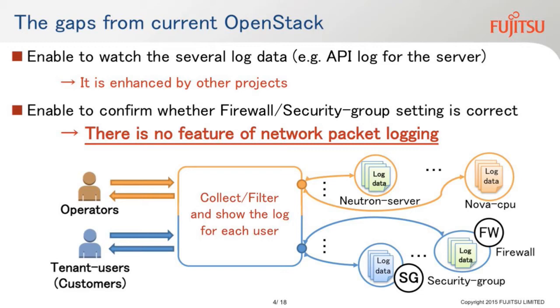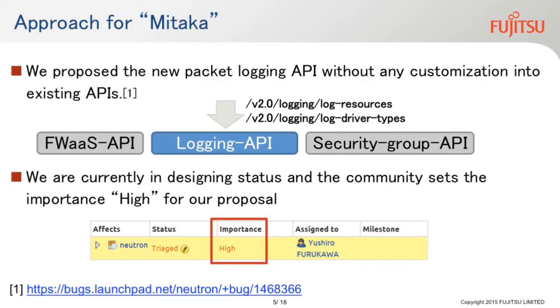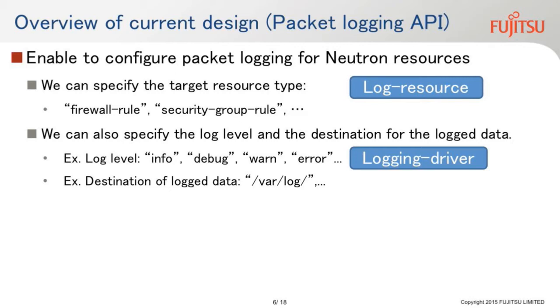Our approach is to propose a new packet logging API without any customization of the existing API. We are currently in the designing status. The community sets the importance high for our proposal. Because we are currently in the designing status, next I want to summarize an overview of the current design.